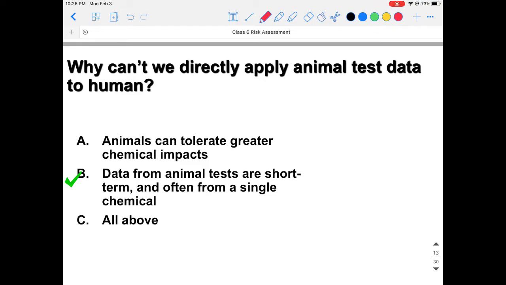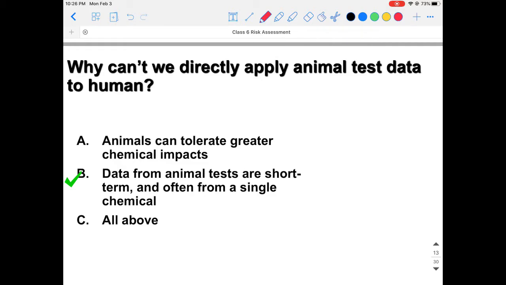So another quiz question. Why can't we directly apply animal test data to humans? Is it because the animals can tolerate greater chemical impacts? Or is it because data from the animal test are short-term and often from a single chemical? It is because of B, right? And for example, animals can be different.